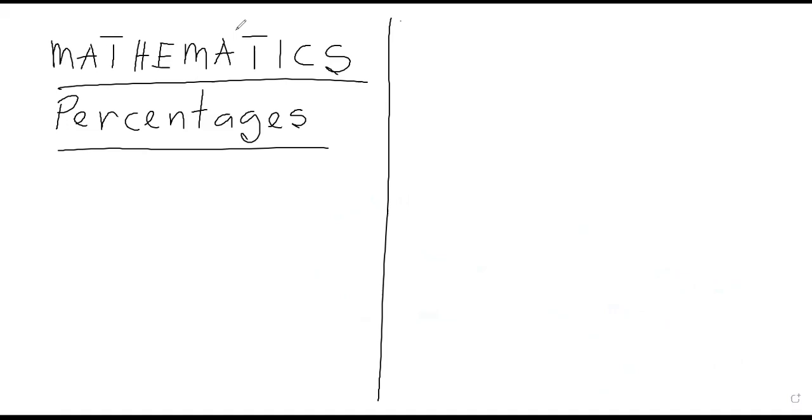Now, after looking at percentage increase and decrease, we also discussed profit and loss. And we did explain that profit will always occur when the selling price is more than the cost price. So for example, if I go to a shop to purchase an item worth 500 Ghana cedis, that'll be my cost price.